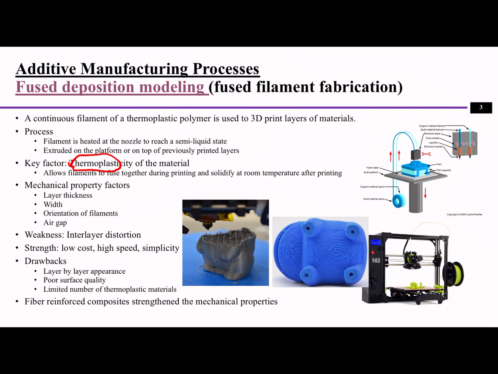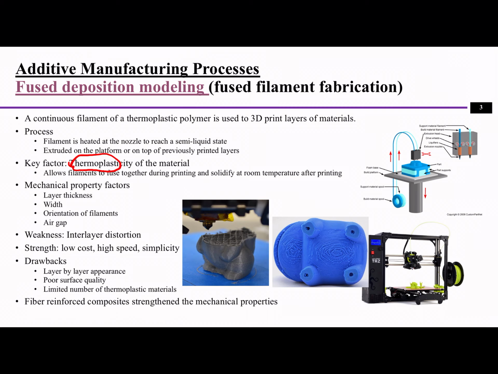However, you can control the settings so that the layer thickness is a little bit smaller. However, sometimes you can still see the layers just because of the nature of the material and the process.